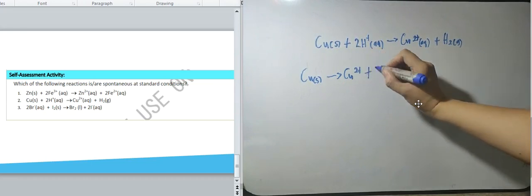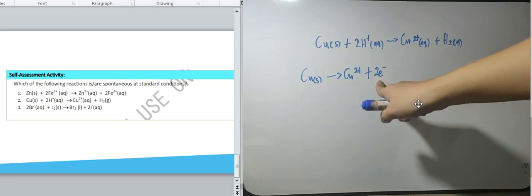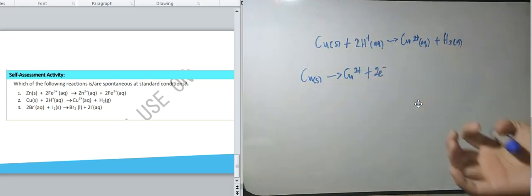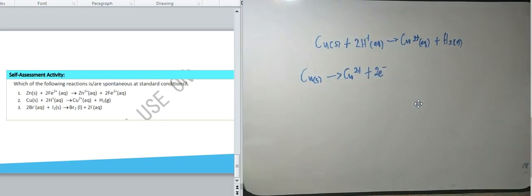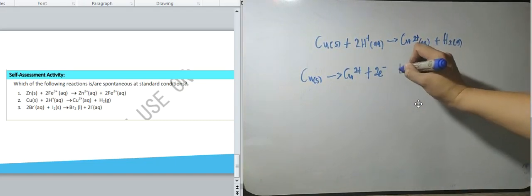How many electrons are needed? So there we need 2 electrons. We notice that the electrons are located on the right side of the equation, or in the product side. So basically it's an oxidation reaction.